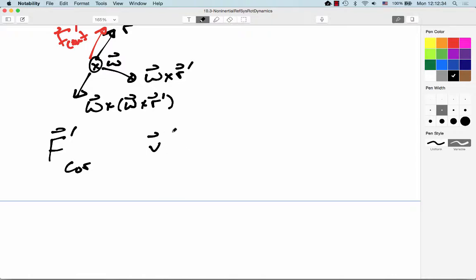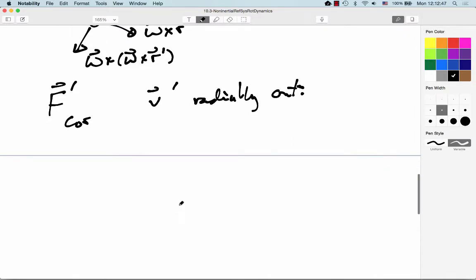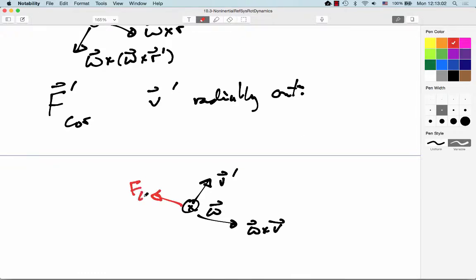If the velocity is radially out, we can go ahead and do our cross products here. We'll have omega pointing in, v is pointing out, so omega cross v points that way, and the Coriolis force points now to the left.